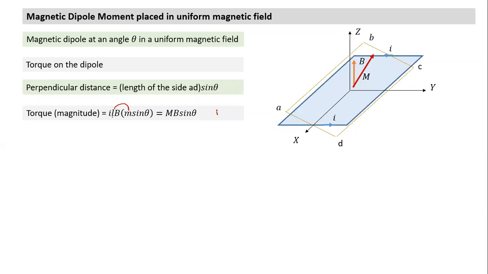So m is equal to I into L into M, and this torque comes out equal to mB sine theta. It is a product of two vectors, a cross product. So in vector form, the torque will be m cross B, which is identical to the expression we obtained in the case of an electric dipole placed in a uniform electric field.